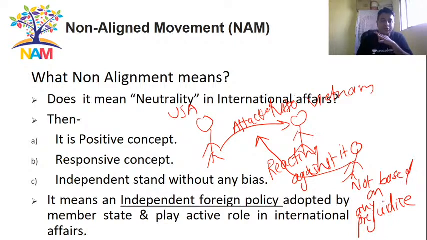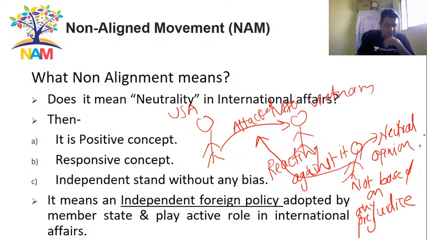This is known as a neutral opinion. Yes, exactly. Yes, Sankalpa, not letting them dominate us or affect our policy. Yes, that is the case.